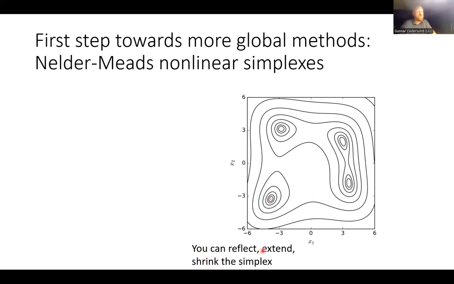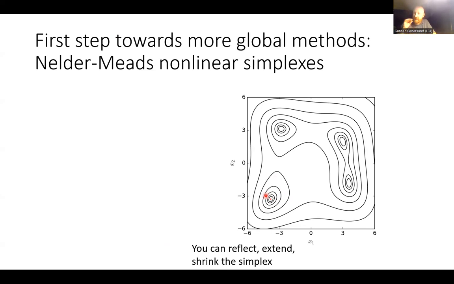You can shrink it, and you can do this type of modifications. So here you have calculated values for each corner in this triangle, which is called a simplex in a higher dimensional space. And this is an option that allows you to move around and find the optimum in a way where you don't have to calculate any derivatives. And this is a commonly used approach.